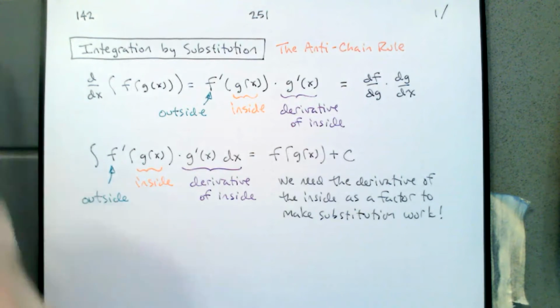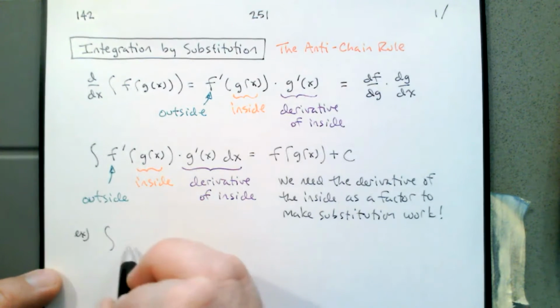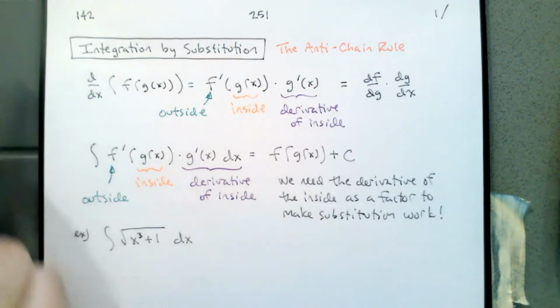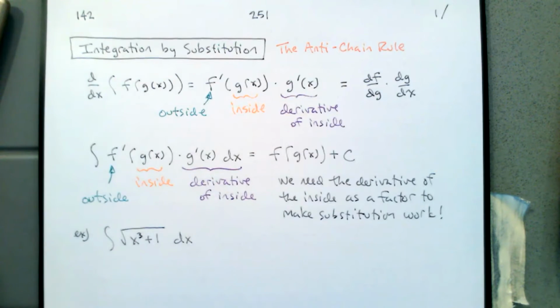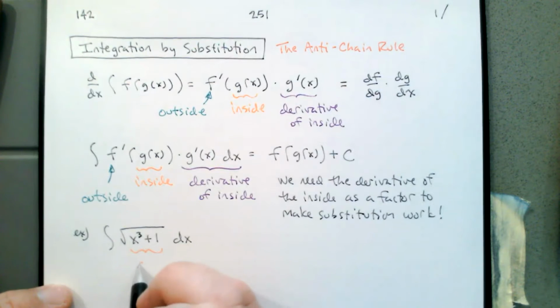In the example that we had yesterday, we wanted to integrate the square root of x cubed plus 1 dx. In this case, it looks like the x cubed plus 1 is our inside function, so that makes sense. It looks like our inside, our g of x, can be x cubed plus 1.